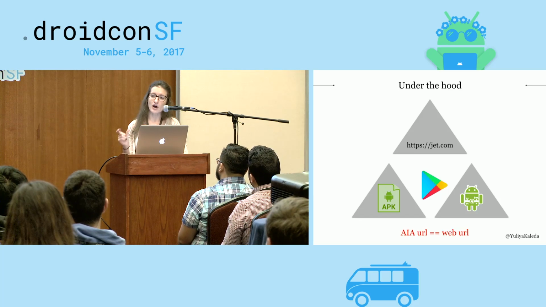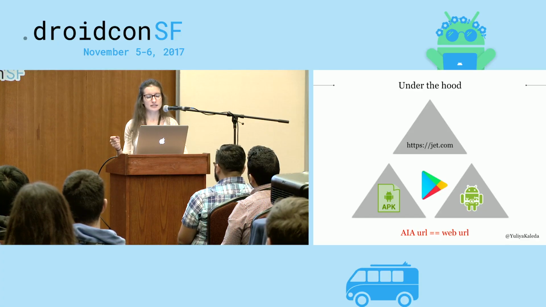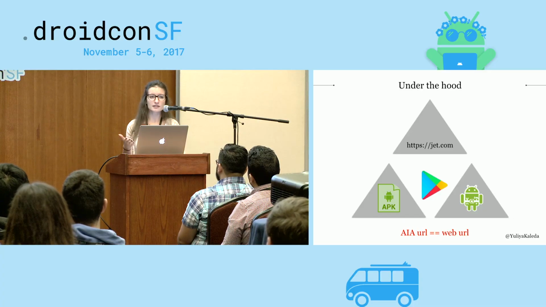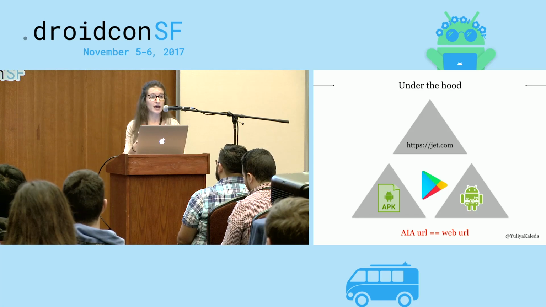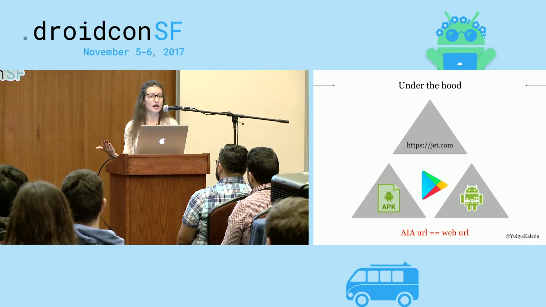So one of the most important things that you have to keep in mind is that when you're creating your Instant App URL addresses, you have to make sure that they match with mobile web URL addresses. And why is that important? Imagine I create a unique Instant App URL address that doesn't have a matching mobile web URL address. If the user clicks on such a URL address on a KitKat device, the user will land in a 404 page not found experience, because KitKat devices do not support Instant App URL addresses, right?